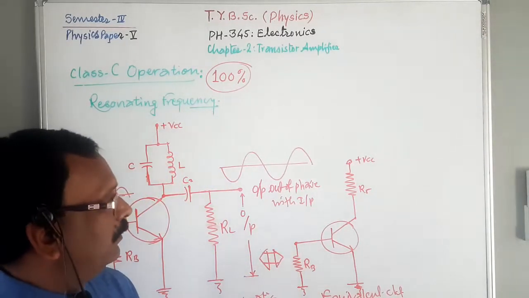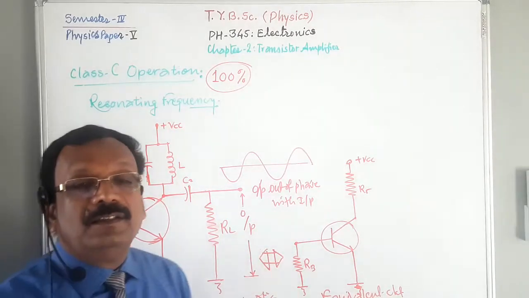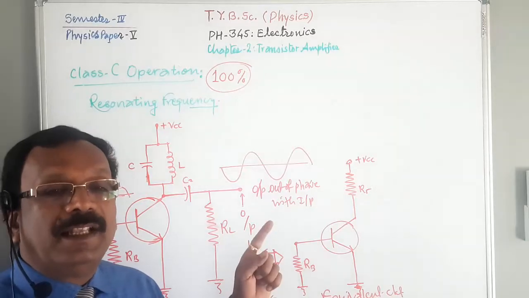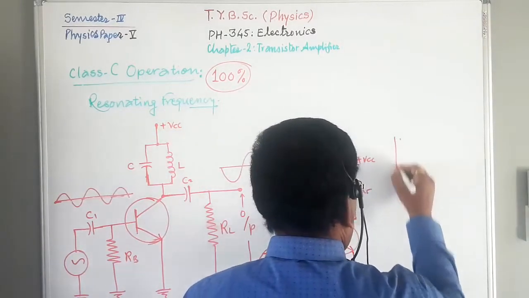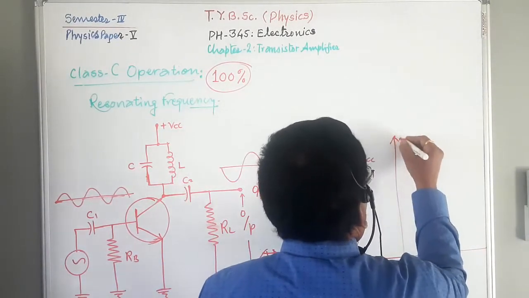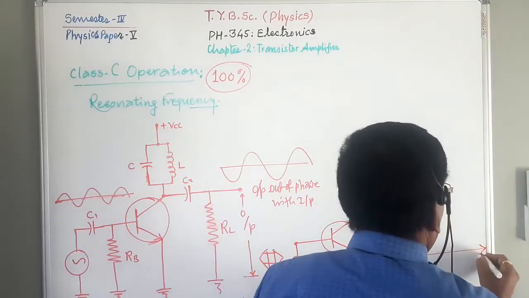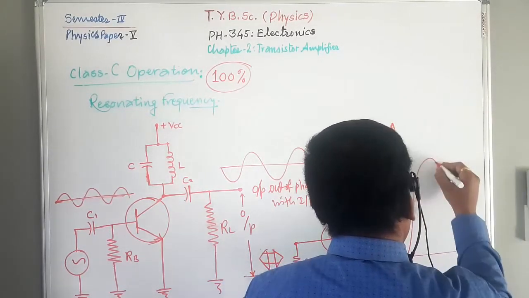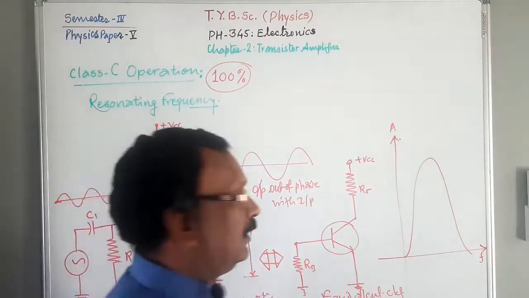Now, what is the diagram for the voltage against frequency curve? I am also going to show the diagram. This is the gain axis, and this is the frequency axis. This is the frequency response, resonance.